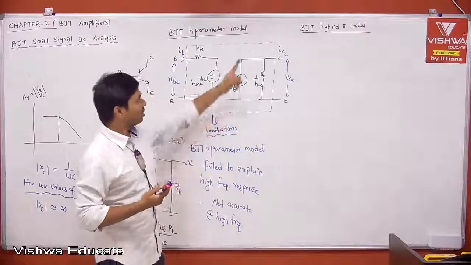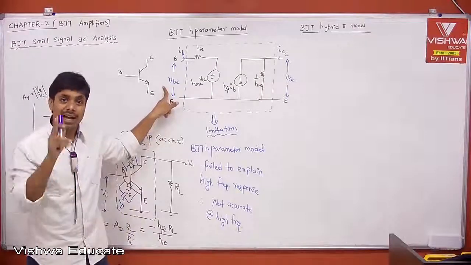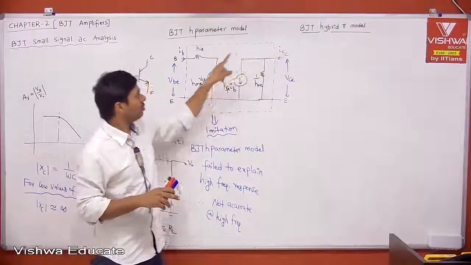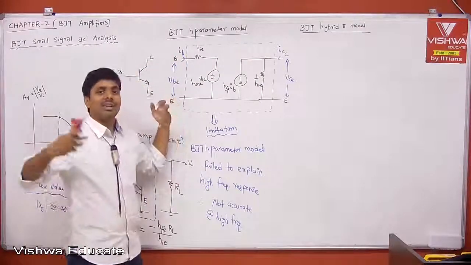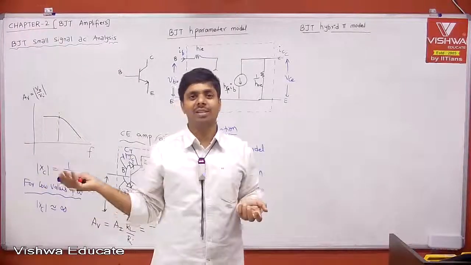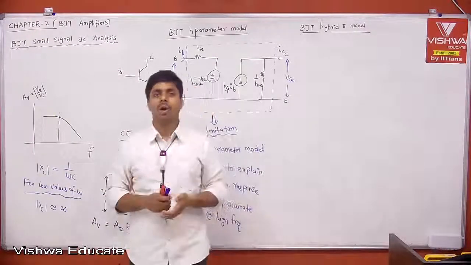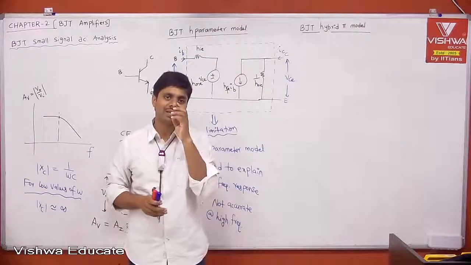Yes, therefore your output current is controlled by input voltage indirectly, but directly the output current is controlled by input base current, and the base current is controlled by VBE. Therefore, indirectly I can say your output current is controlled by input voltage. So I can call the BJT also a voltage controlled current source, similar to your MOSFET or JFET.